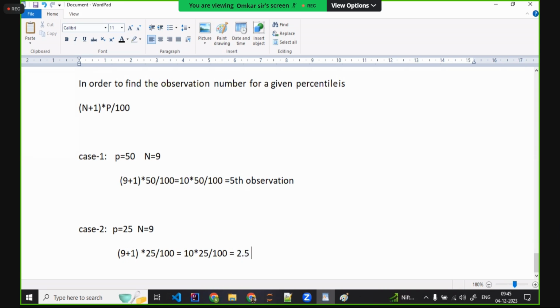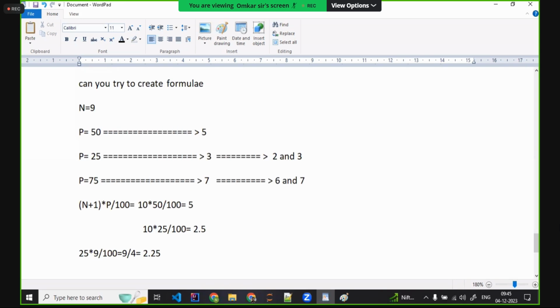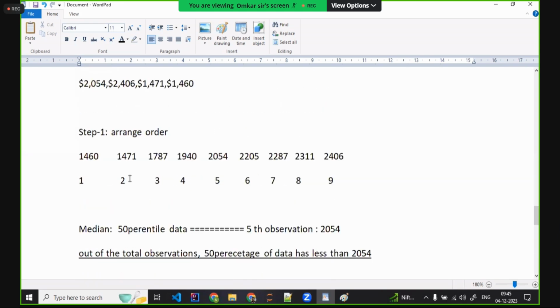So 2.5 is nothing but between the 2nd and 3rd values.